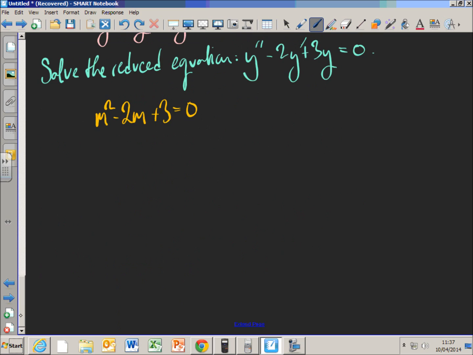So I thought I had to go all the way back then. Does that one factorise? No. Okay, so m is going to be equal to 2 plus or minus the square root of b squared, which is 4, minus 4ac. Is that minus 12? Do you agree with that? All over 2.